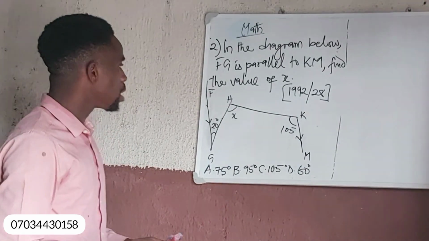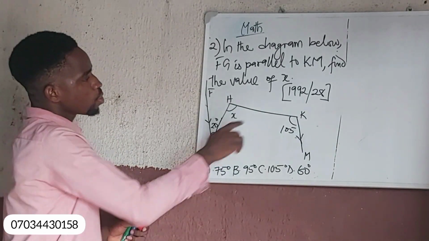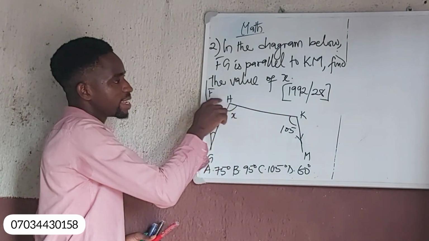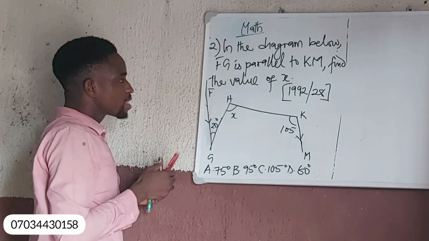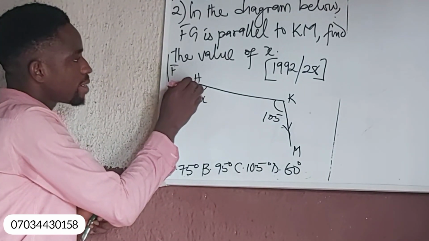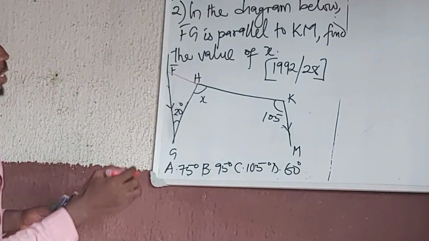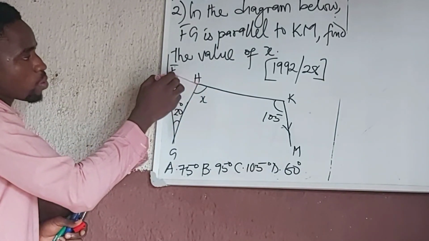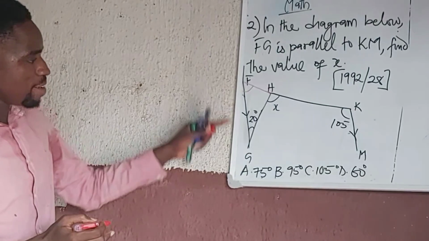How do you make that transversal? We can decide to extend this particular line, HK, so that it will get to F. If we extend this line, it will get to F as a straight line, and then it will form an angle with FG.